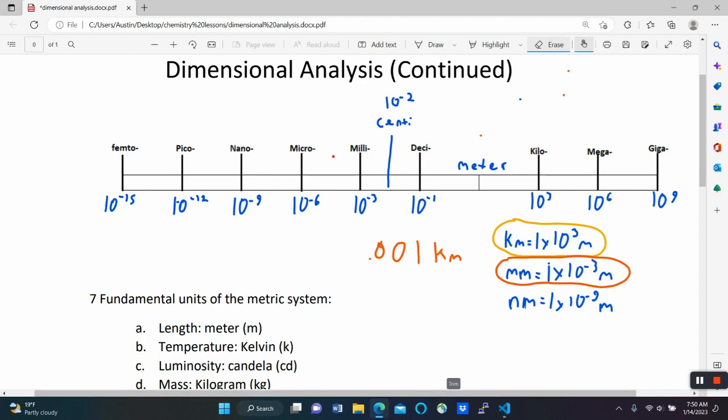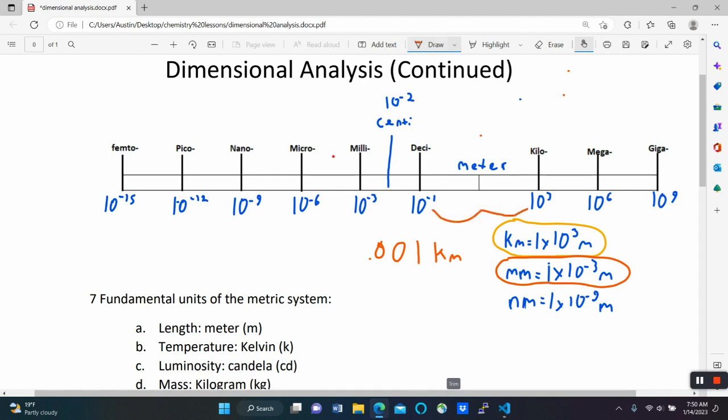But say now that we wanted to convert from kilometers to decimeters. So a decimeter basically is multiplied by a factor of 1 times 10 to the negative first. Kilometer, 1 times 10 to the third. The difference between these two units is going to be 1 times 10 to the fourth.